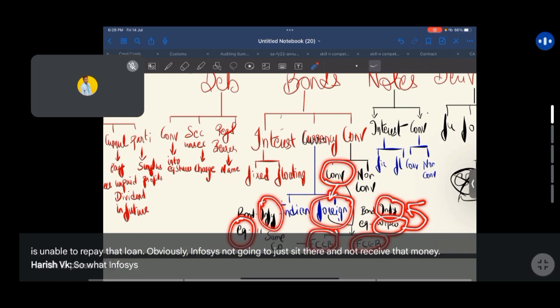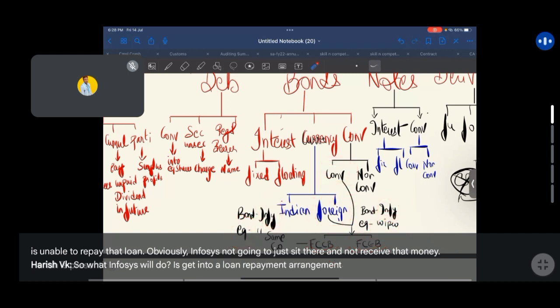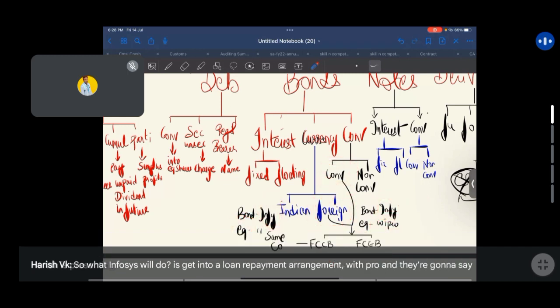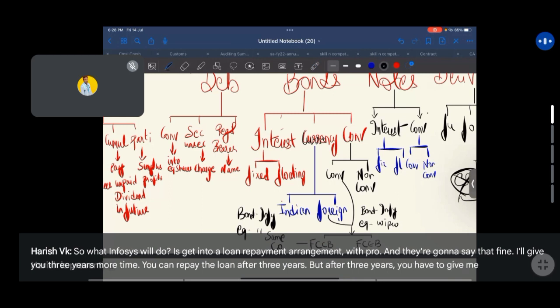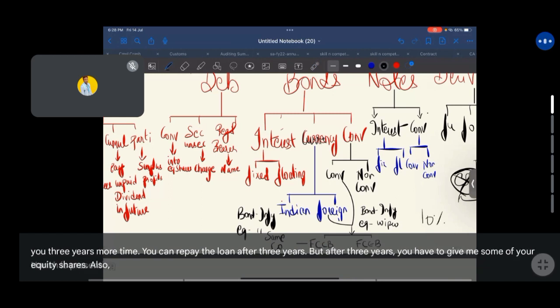So Infosys will get into a loan repayment arrangement with Wipro. They're going to say, fine, I'll give you 3 years more time. You can repay this loan after 3 years. But after 3 years, you have to give me some of your equity shares also. Let's say 10% of the loan amount.